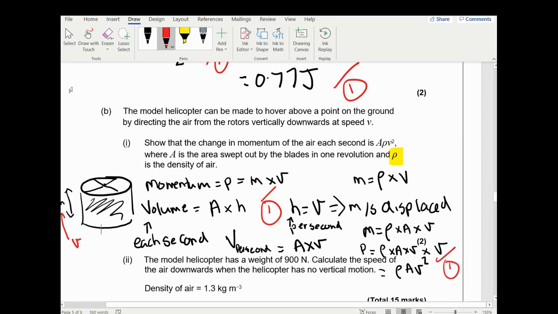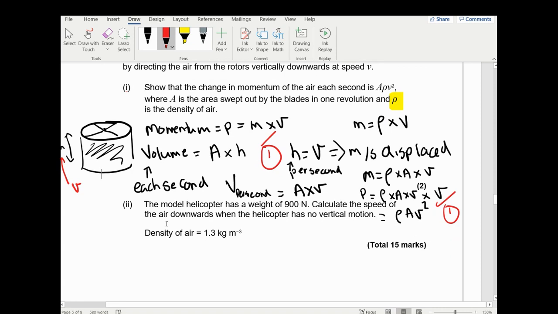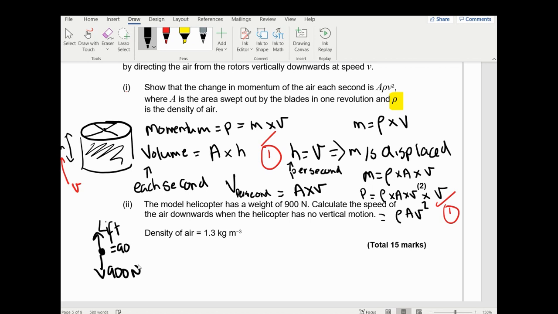The model has a weight of 900 newtons. So the weight is 900 newtons. Calculate the speed of the air downwards when it has no vertical motion. So here, if I should draw my diagram, if I had a little helicopter, my weight downwards is 900 newtons. This means my lift must also be 900 newtons.